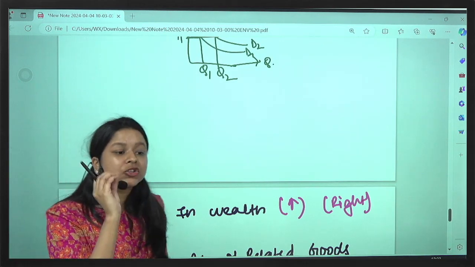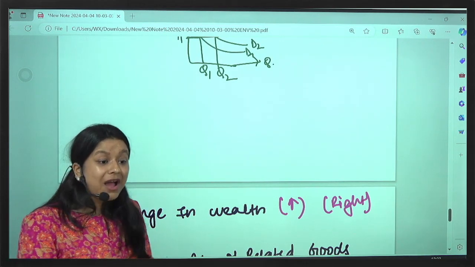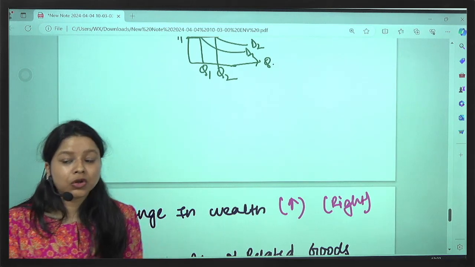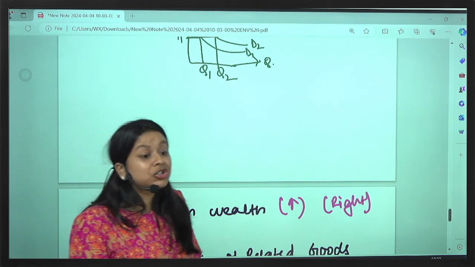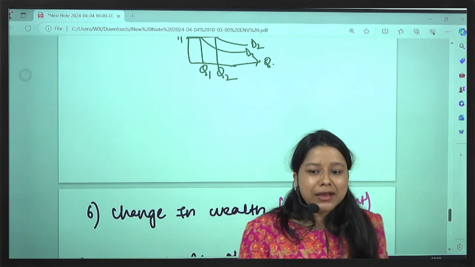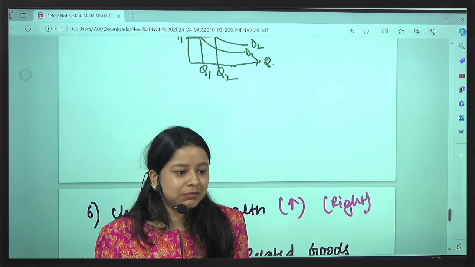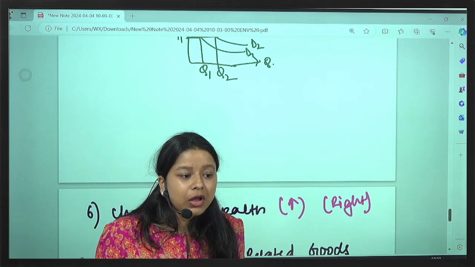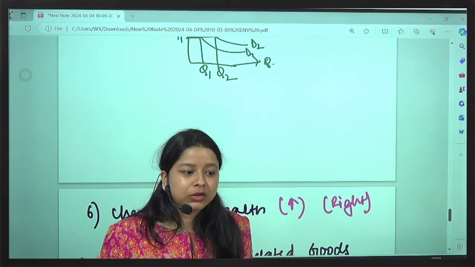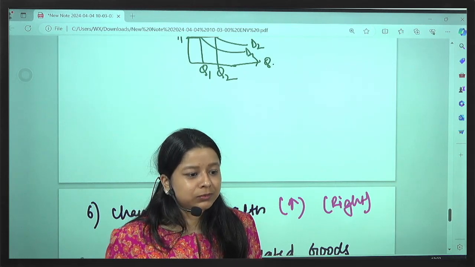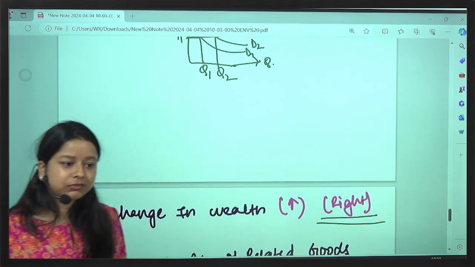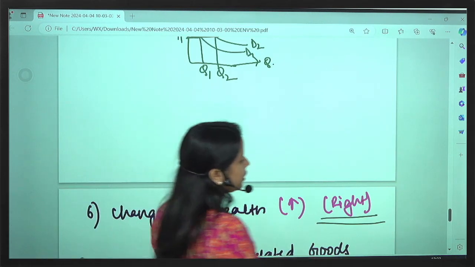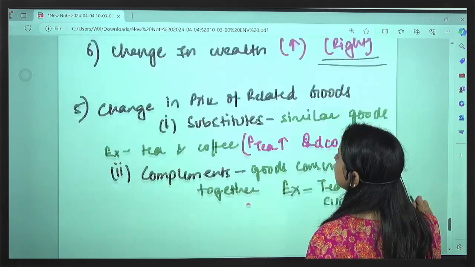Now when you have so much wealth, you will demand more luxurious goods. I'm buying a car, I'm buying a new house. Why? Suddenly I discovered my grandfather left me 1 crore, which I never knew. So there will be a rightward shift. Understood? Very simple. ठीक है? I hope this happens to all of you.